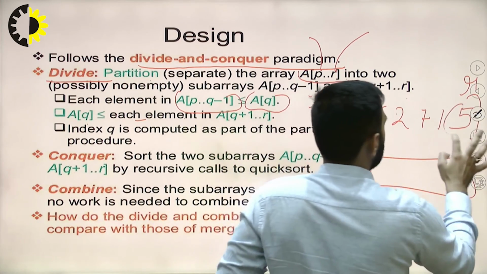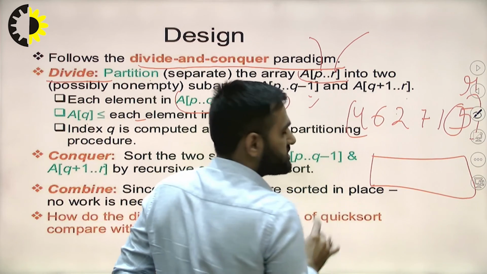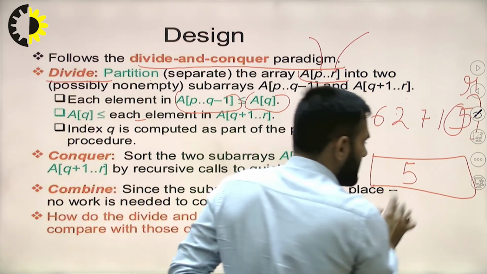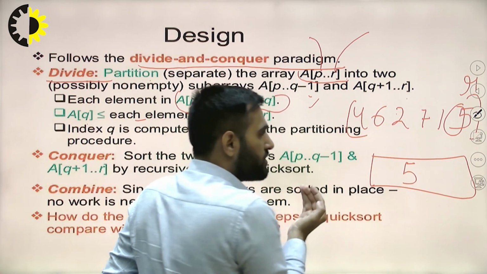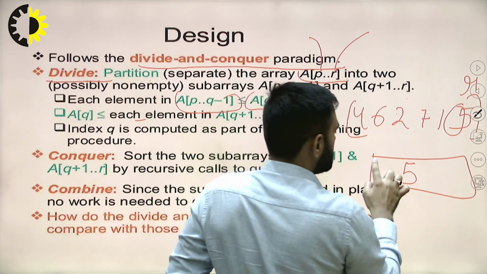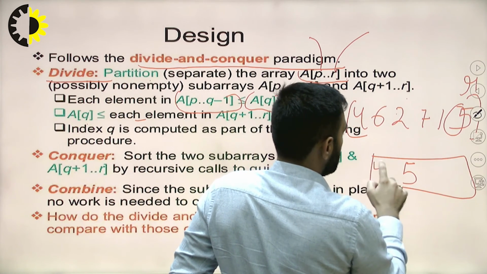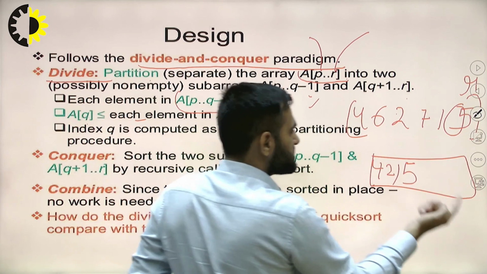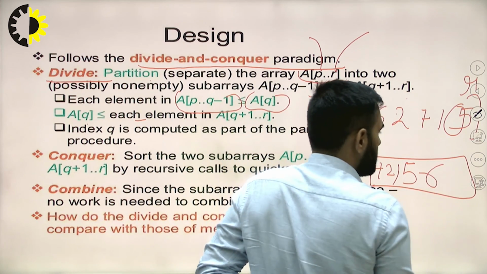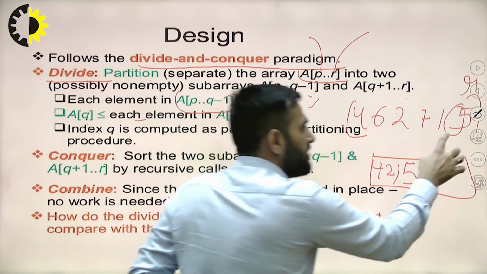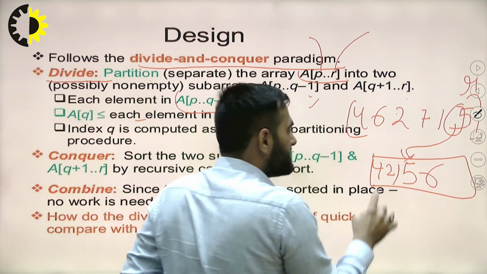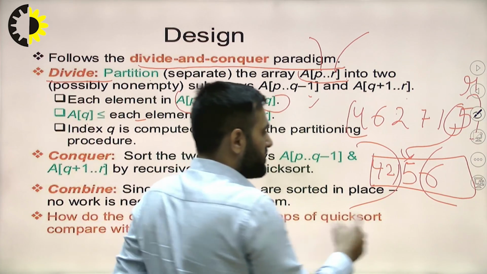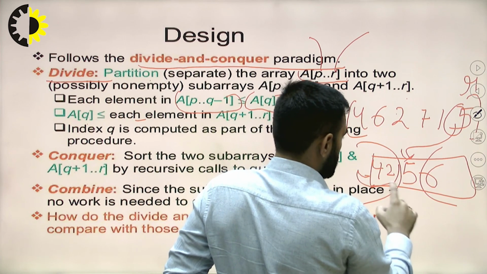Now this is the pivot element 5. After the first iteration, what will it do? It will place it somewhere here in the array. Now all the left elements should be smaller than this particular number. What does it mean? 4, 2, 1. On the right side, 6 and 7. So after the first partition, 5 has reached its exact position and divides the array into two parts. First part is this, next part is this. Now we further recursively call quick sort on this and quick sort on this.